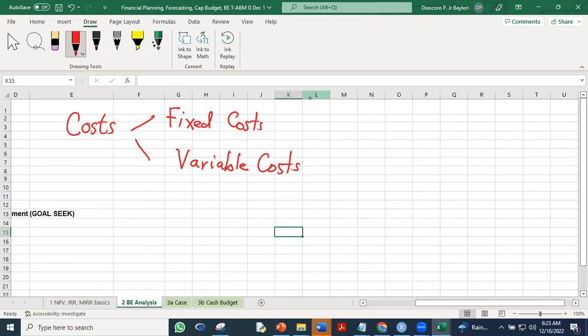If the company produces 1 million units, still the lease of the place will be 100,000.